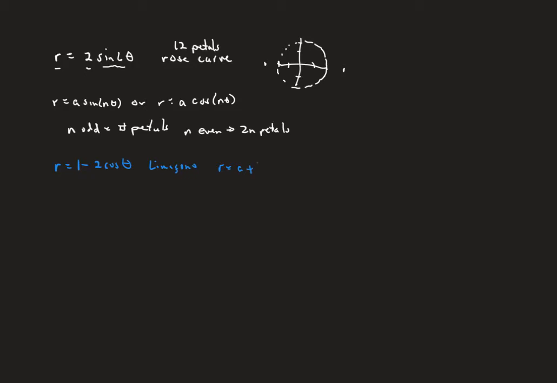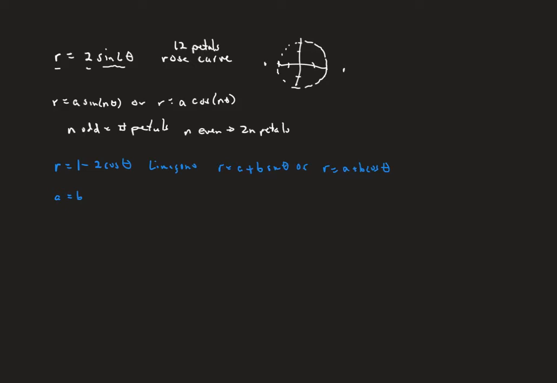I'm just going to say plus and say that B could be negative as well. So there are four different kinds of limaçons, and we'll do this by hand in a little bit.